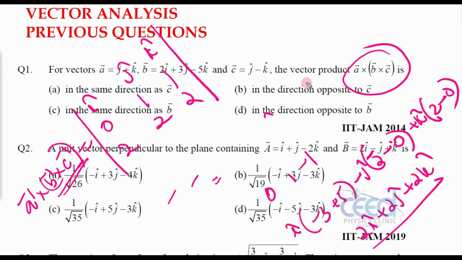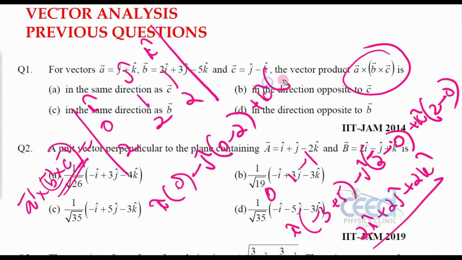Now let me expand this. So I cap into 0, minus J cap into 0 minus 2, plus K cap into 0 minus 2. So this is equal to 2 J cap minus 2 K cap.